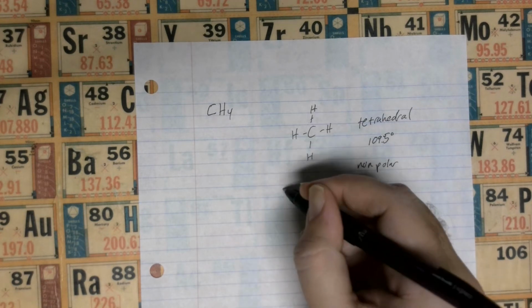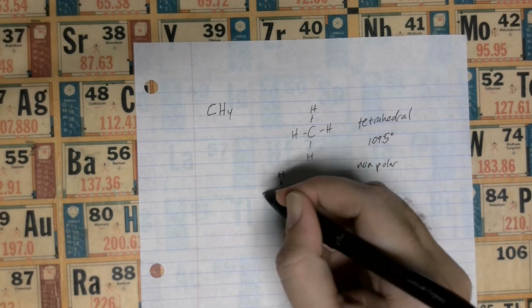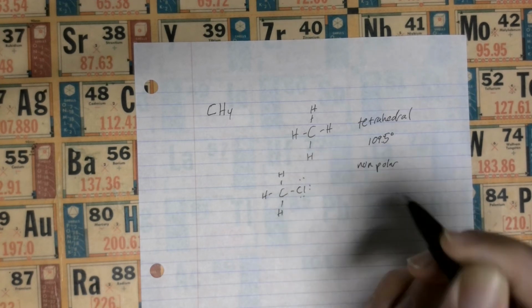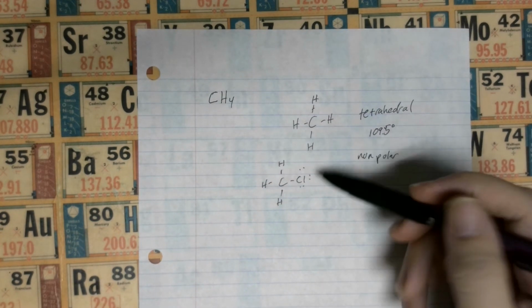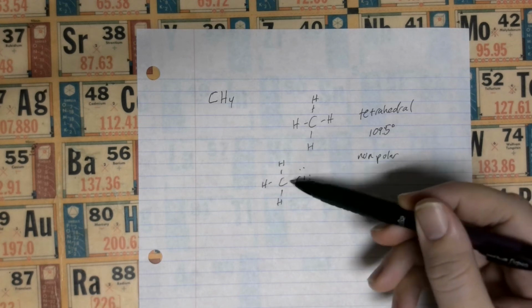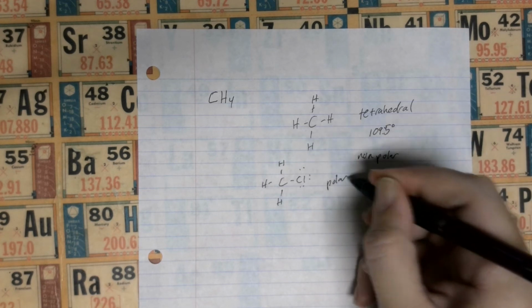If we had something like CH3Cl, where we then have a different element, this chlorine is way more electronegative, so it's going to pull electrons towards itself. This would be a polar molecule.